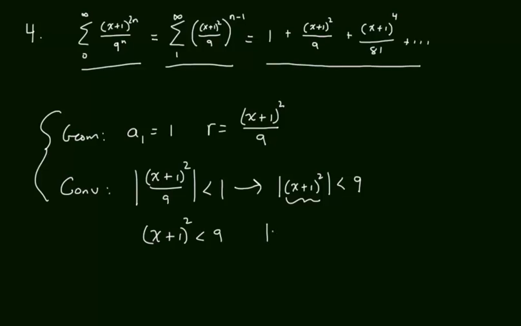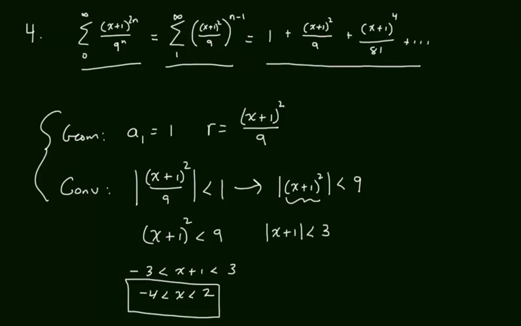Now if I take the square root of both sides, it gives me absolute value of x plus 1 is less than 3. And that gives me negative 3 is less than x plus 1 is less than positive 3. Subtracting 1 from each side, negative 4 is less than x is less than 2. So this is the interval of convergence. These are the values of x for which the power series converges.